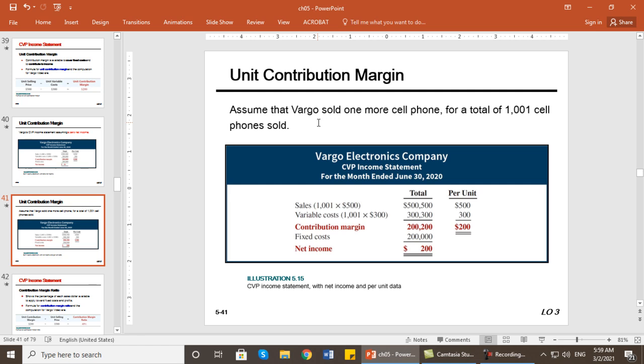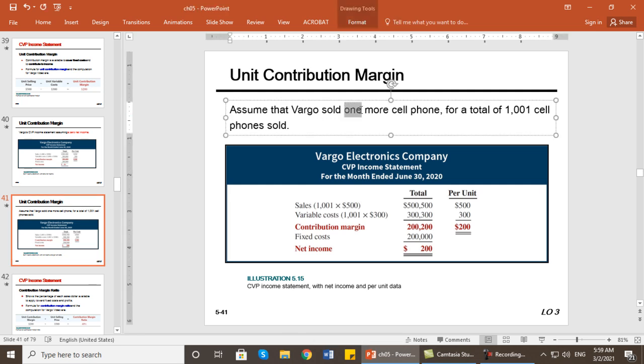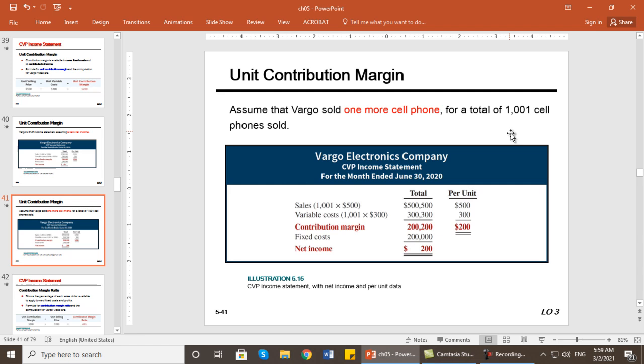Now assume that I've sold one more cell phone, for a total of 1,001 cell phones.